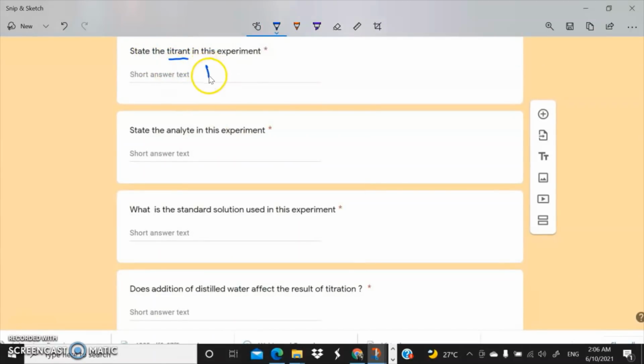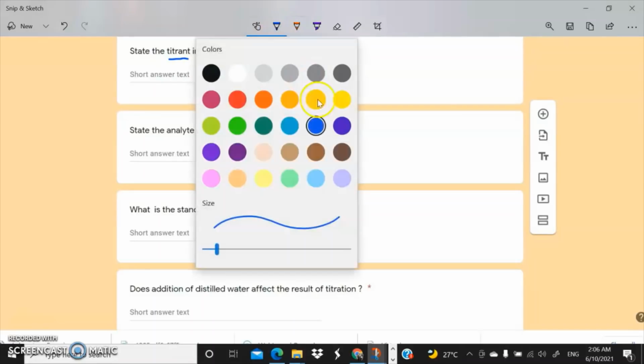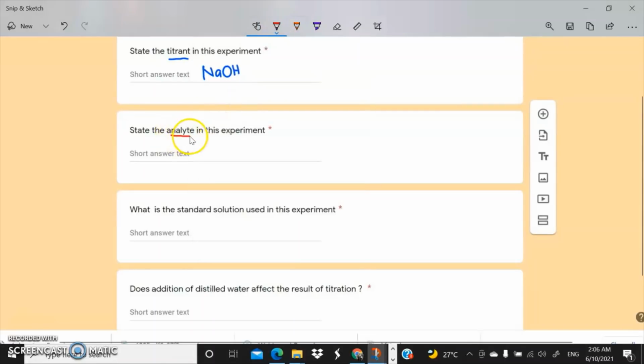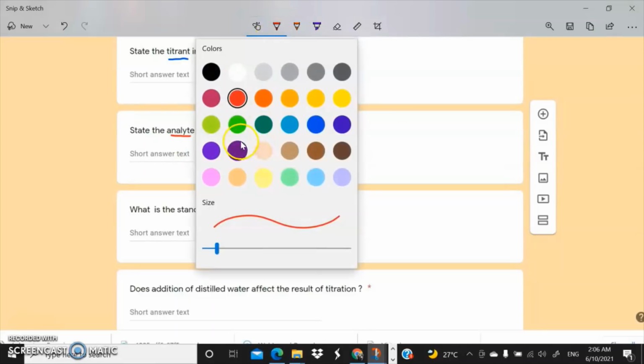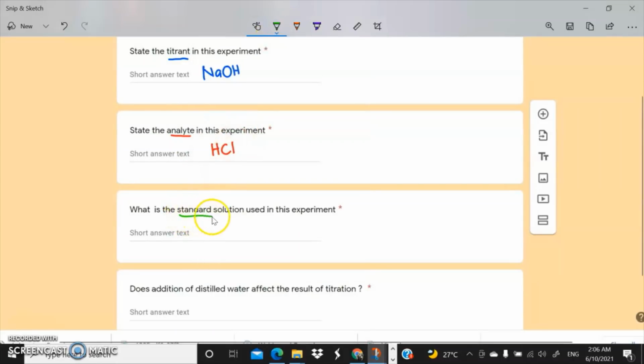So what is the titrant? NaOH. What is the analyte in this experiment? So my analyte will be HCl. The following question. What is the standard solution used in this experiment? So our standard solution here is NaOH.